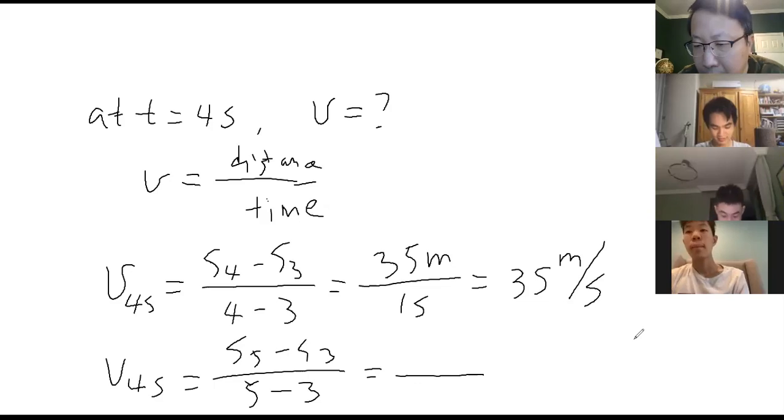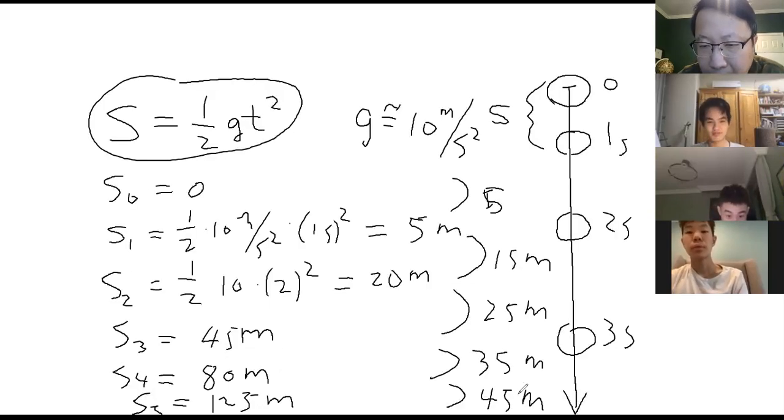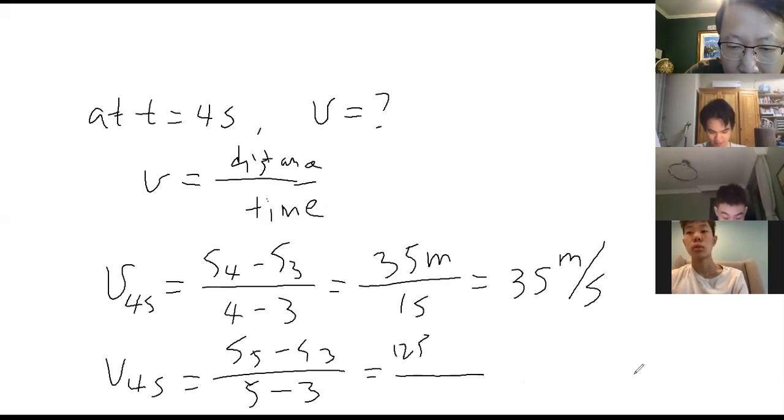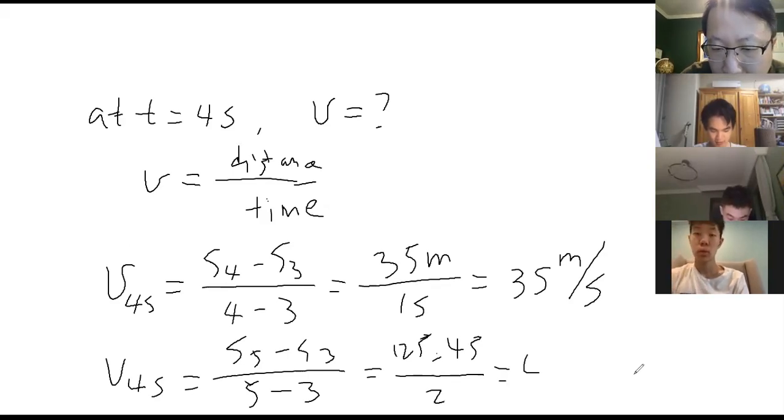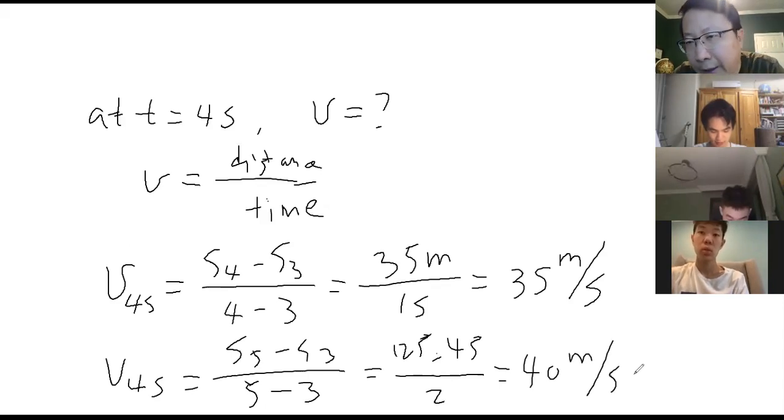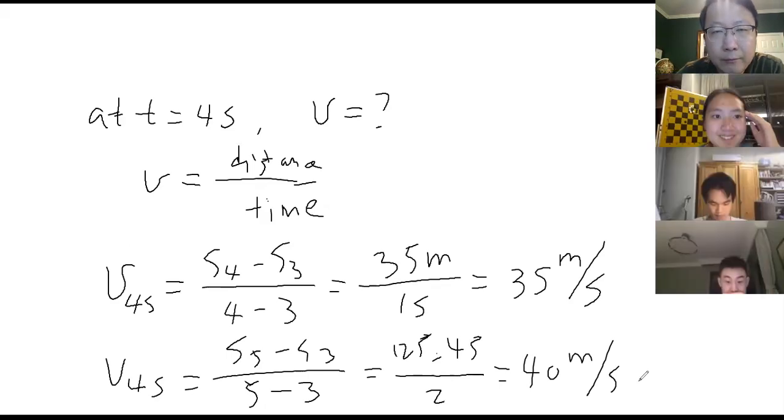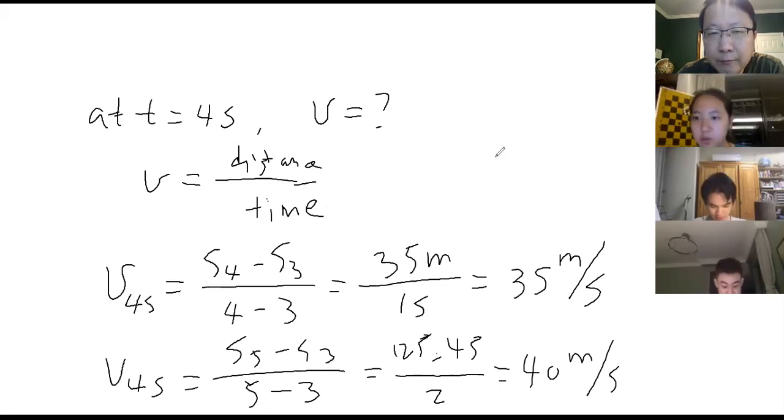This is 125 minus 45 distance over 2 seconds. So that gives you 40 meters per second. So which one is right? I mean, both are average speeds, so both are right.